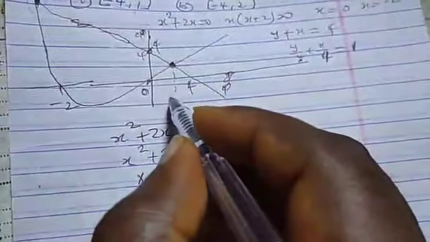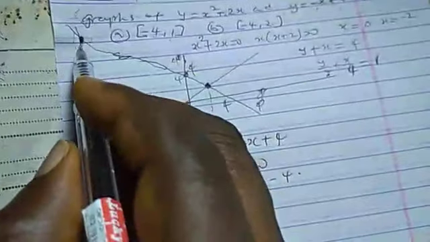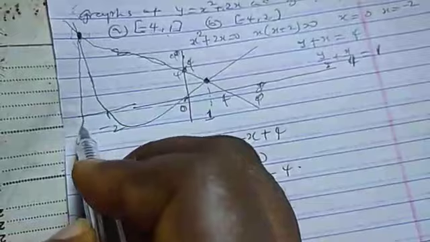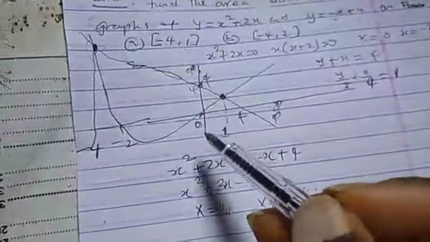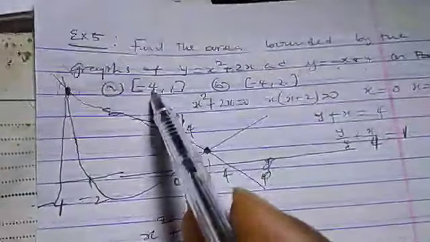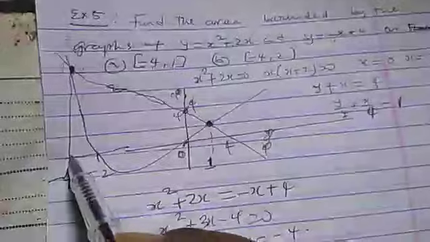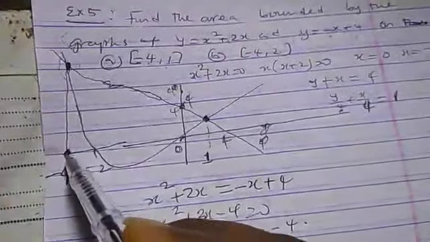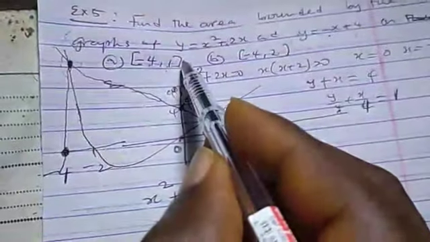So definitely we should know that 1 will be here. This is 1. This place is minus 4. What are we now looking for? Area from -4 to 1, from this place to this place.